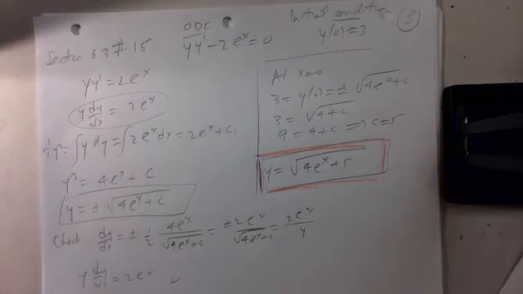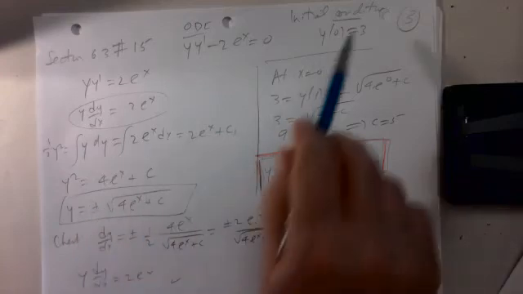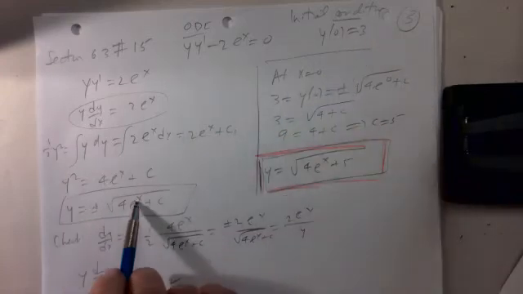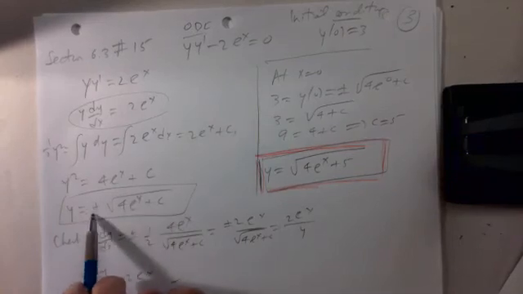Well, in this case, the general solution is this. But the only solution which is going to give you the value of 3 when x equals 0 is plus.